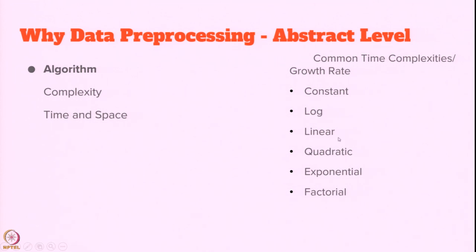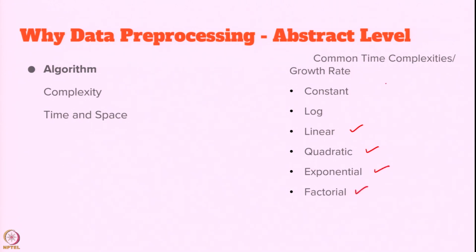So the growth rate is linear. For the given data, it is directly dependent on the algorithm. There are cases where the algorithm may not be dependent on the input data. If the algorithm is not dependent on the input data, then it is called constant growth rate. Similarly, we have other options: linear, quadratic, exponential and factorial.